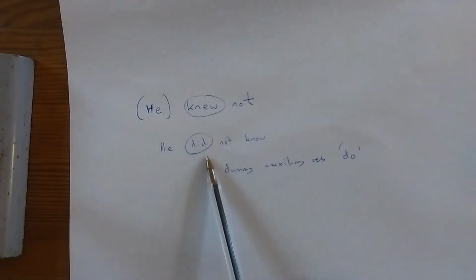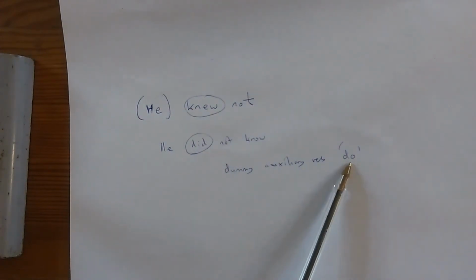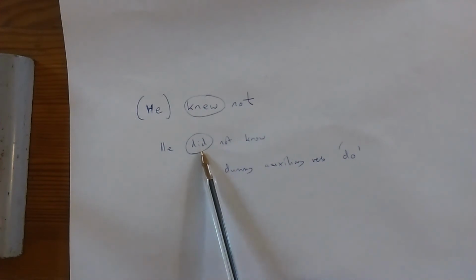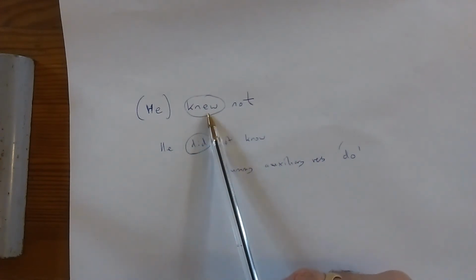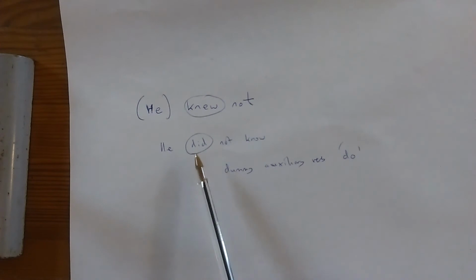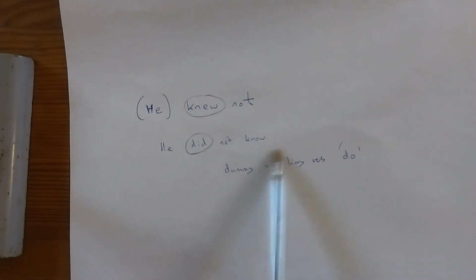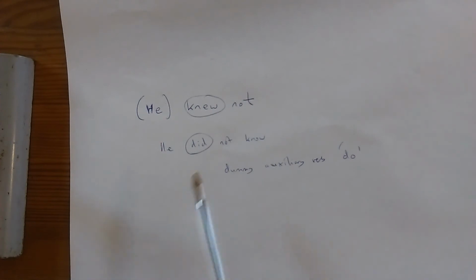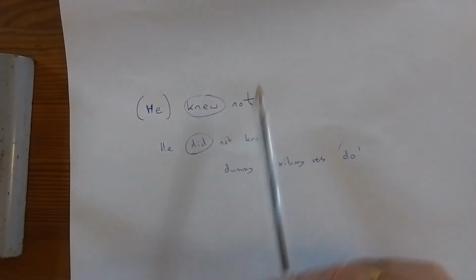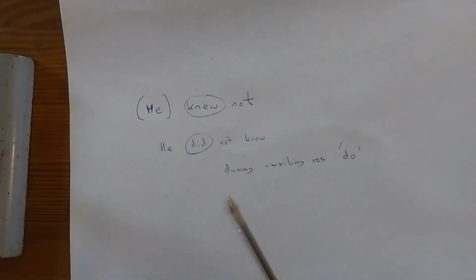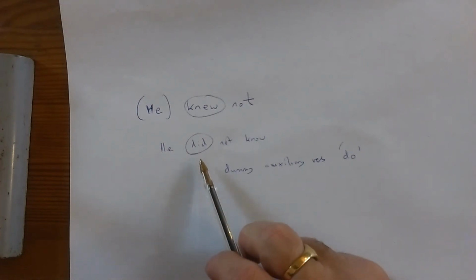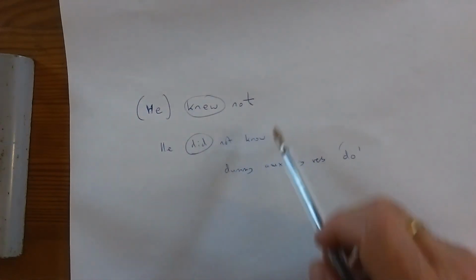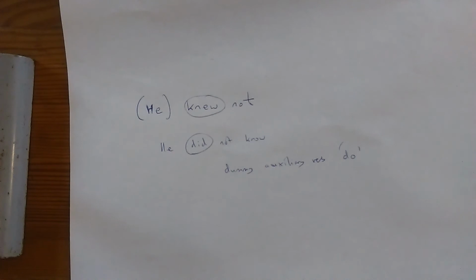The past tense is indicated by the dummy auxiliary form did, the form of the verb do. So the past tense is indicated by the dummy, not by the main verb. And did is inserted before the negative to indicate that. So again, here you could say, in present day English we would use the dummy auxiliary form, and we would change the word order of the sentence.